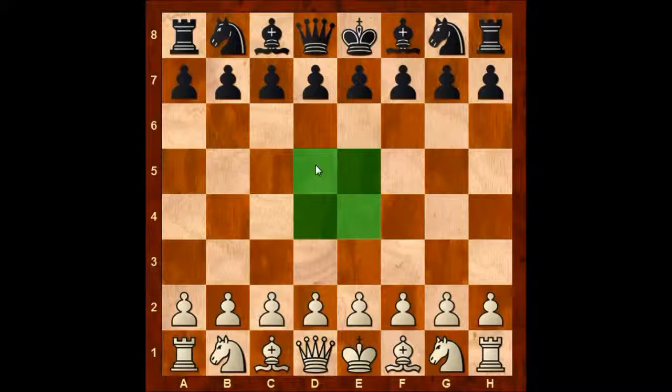So it is very important for the player to control the central squares with his pieces and pawns so that he can have at least equal or dominating position.